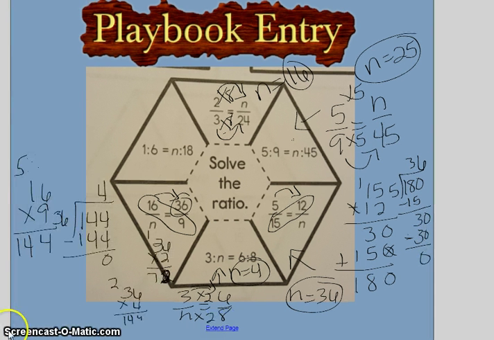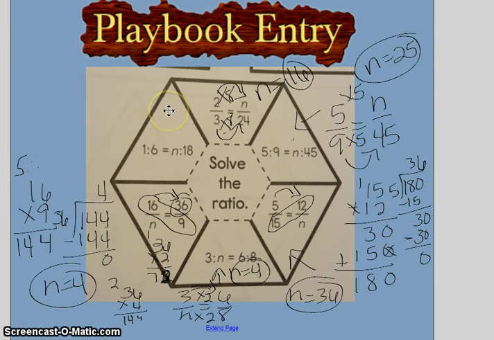So here I would have 16 times 9, which would give me 144. I take my cross product and I divide it by my third value left, which is 36. So I take 36 and divide it into 144. And I end up with 4. So 36 goes into 144 4 times. So my answer is n equals 4.